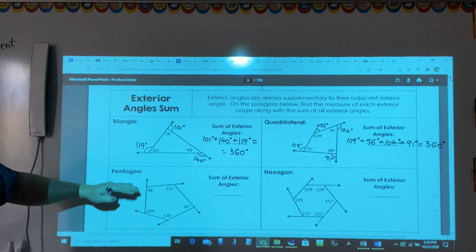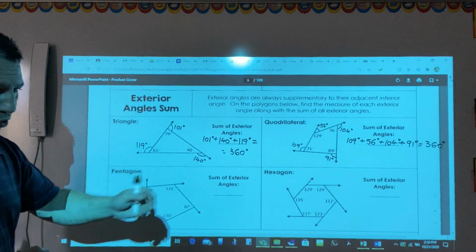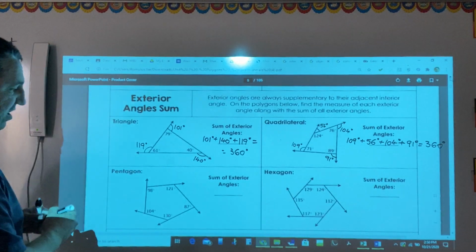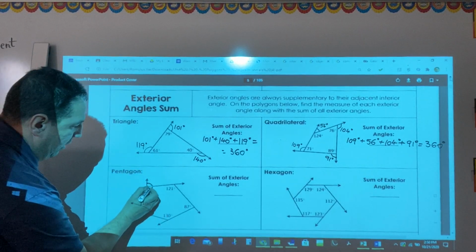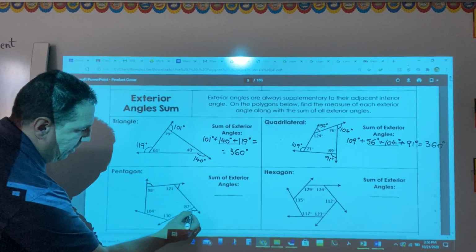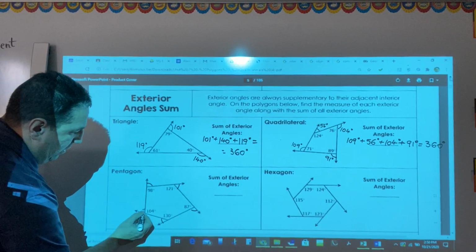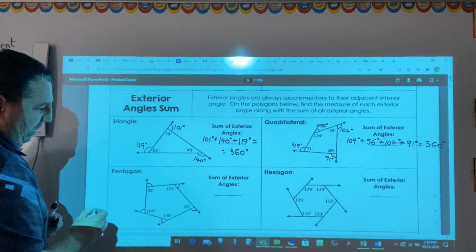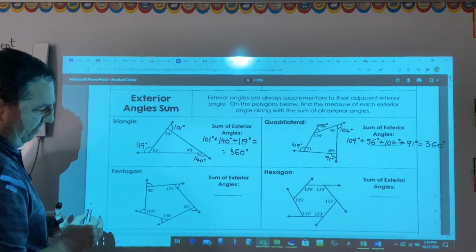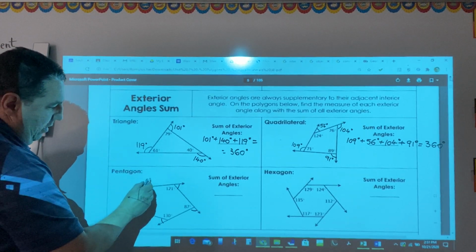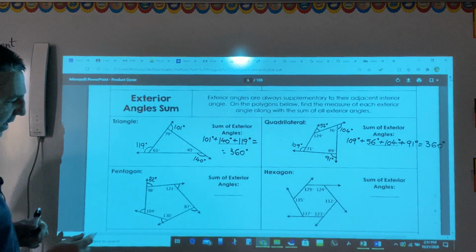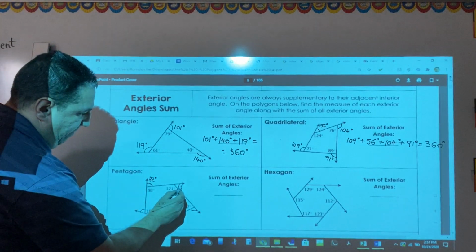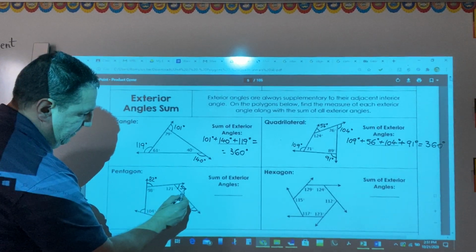Now, let's do the same thing for a pentagon. This time, we're going to have five exterior angles, one for each interior angle. So for this one, we're going to have 82 degrees. Here, we're going to have 59 degrees.